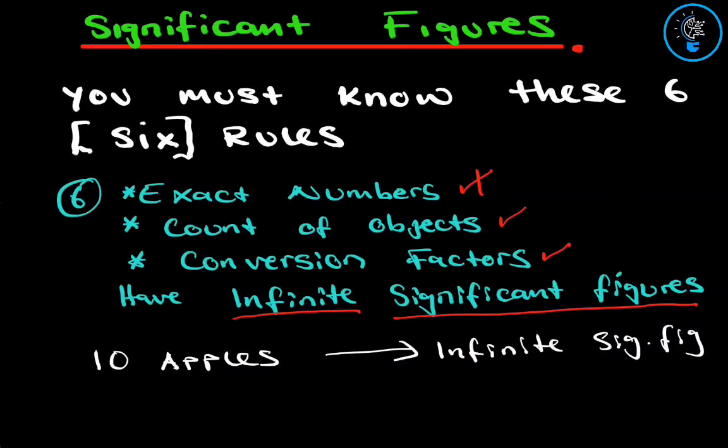Once you divide it, it's no longer an apple. If you divide an apple in half, you can't call it an apple; you can say it's a half apple. So if an object cannot be divided, then it falls under count of objects.